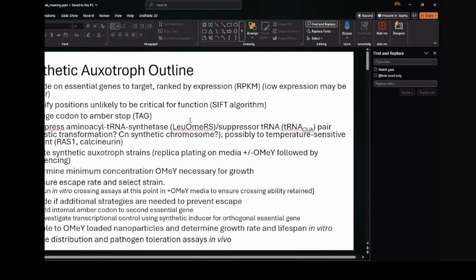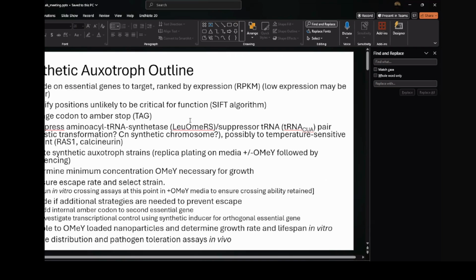After we have that strain and determine what concentration is permissive for growth, we'd want to measure the escape rate, and maybe do some other in vitro assays to make sure it still has the wild type phenotype with respect to barrier crossing or anything else we might be interested in. Then we'd decide whether to pursue other strategies like the ones they mentioned.